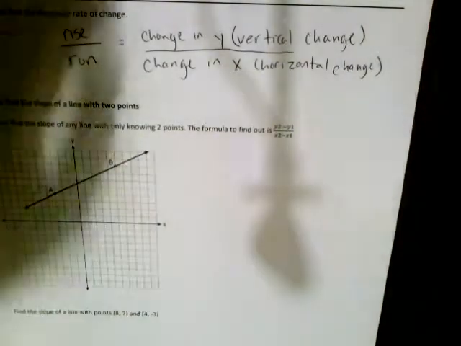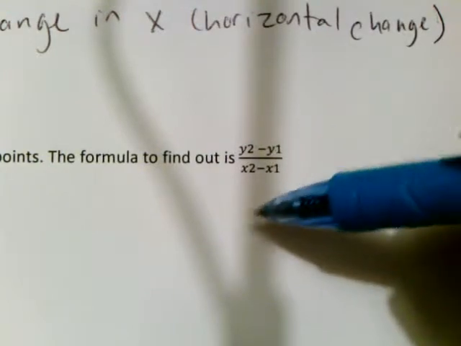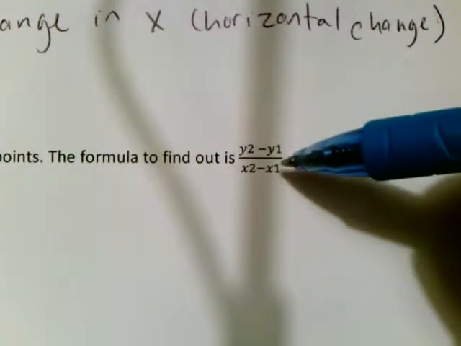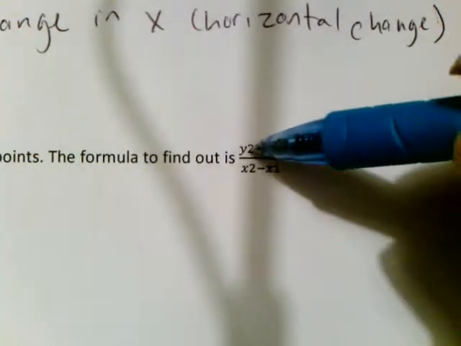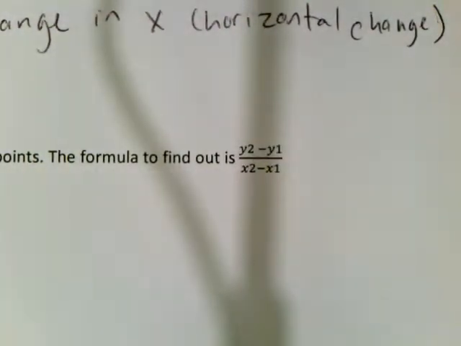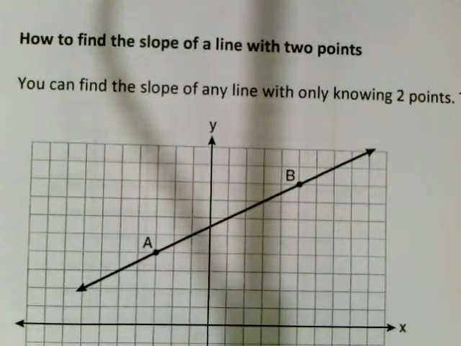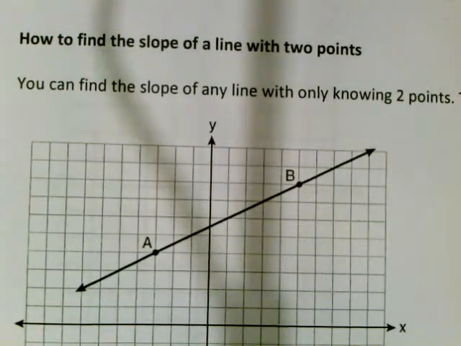Let's zoom in on this. The formula is y2 minus y1 over x2 minus x1. That's what you use when you're trying to find the slope given 2 points. But if it's on a graph itself, it's kind of easy to find the slope.